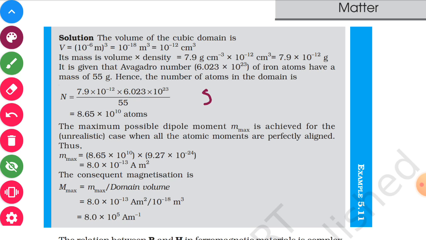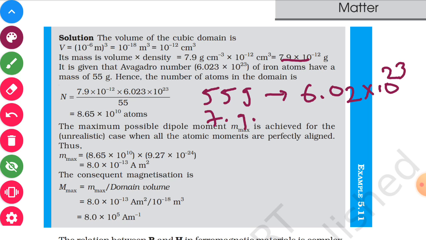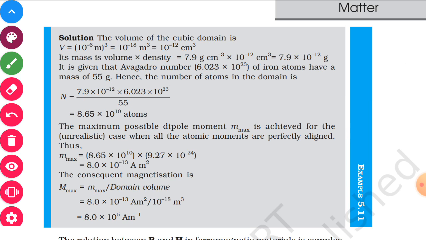It means 55 gram will have 1 mole of atoms, that is 6.02 into 10 to the power 23. So the mass which we have, that of a domain, is 7.9 into 10 to the power minus 12. How many atoms will be there? Just a cross multiplication and divide by 55, and that will give you the number of atoms in the domain, that is 8.65 into 10 to the power 10 atoms.